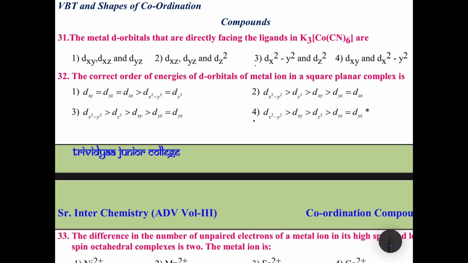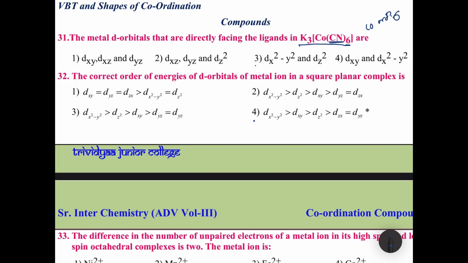See, the metal d orbitals that are directly facing the ligands in K3[Co(CN)6] means, first of all, you have to understand what type of splitting it is. Here you can see CN6 is there, meaning coordination number 6.